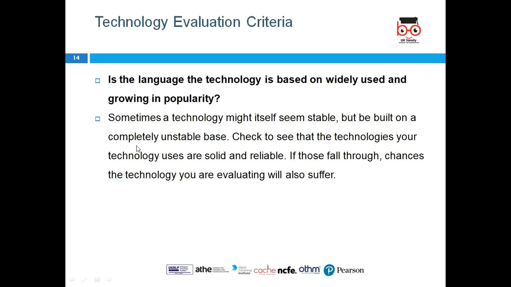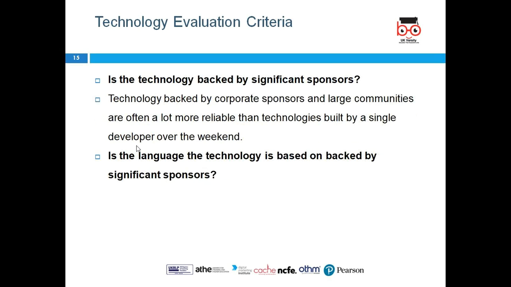Then, is the language the technology is based on widely used and growing in popularity? Is the technology backed by significant sponsors?